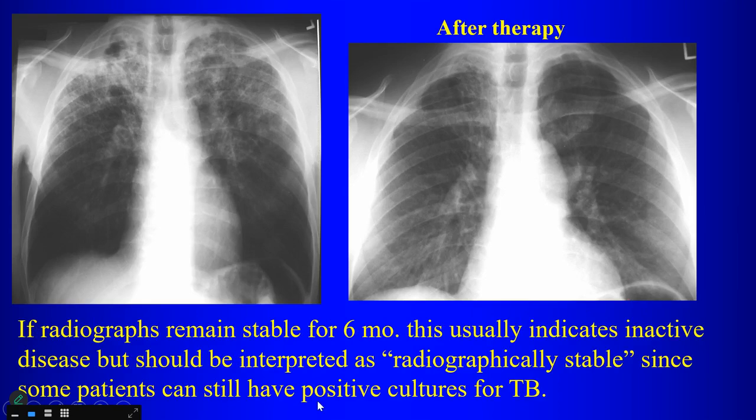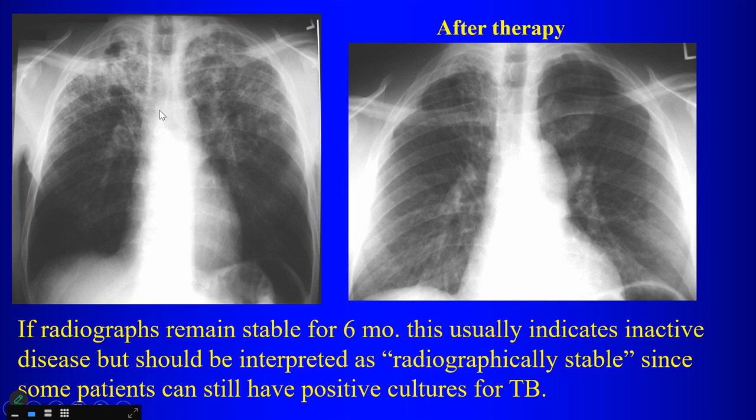If, however, you have prior studies, if a radiograph has remained stable for 6 months, that usually indicates an inactive disease, but can be interpreted, or should be interpreted, as radiographically stable. Some patients might still have positive cultures for TB, but if you have an X-ray that is 6 months or older prior and it is unchanged, we can say radiographically stable.